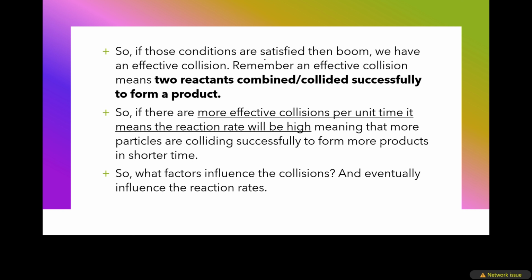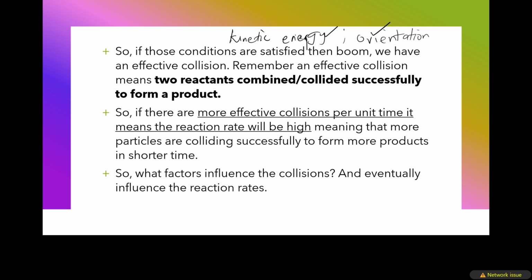So if those conditions are not satisfied, remember the first condition was the kinetic energy, and the second condition was the orientation. So if those 2 conditions are not satisfied, then we will not have an effective collision. So for an effective collision, we must have enough kinetic energy and the chemicals must be in the correct orientation.